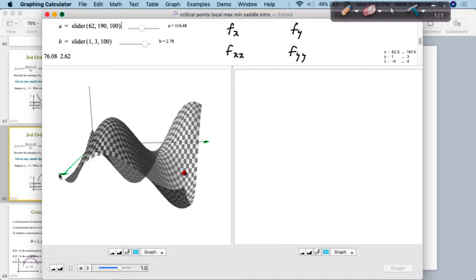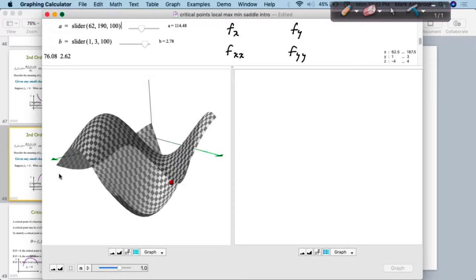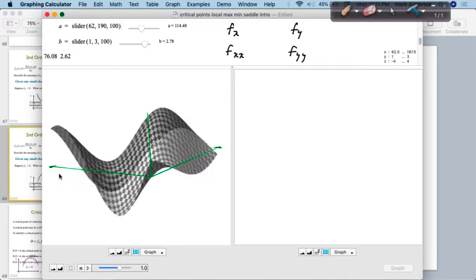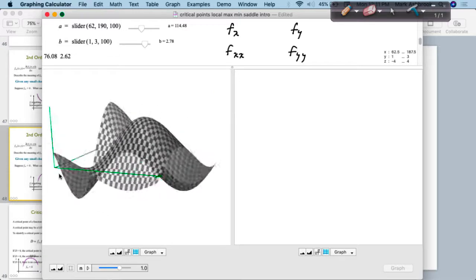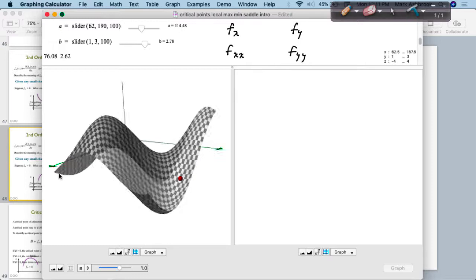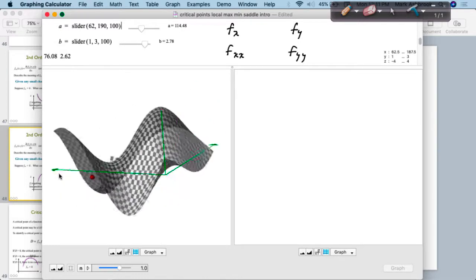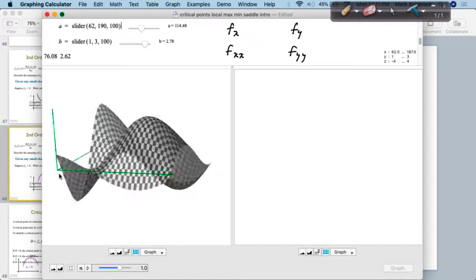So I don't know if it's spinning too fast or if that spinning doesn't help, but do your best to talk through these four. What can you say about these four?